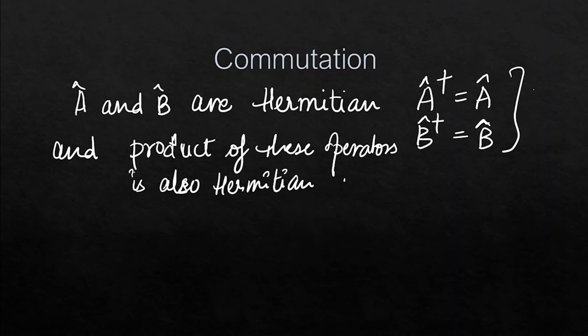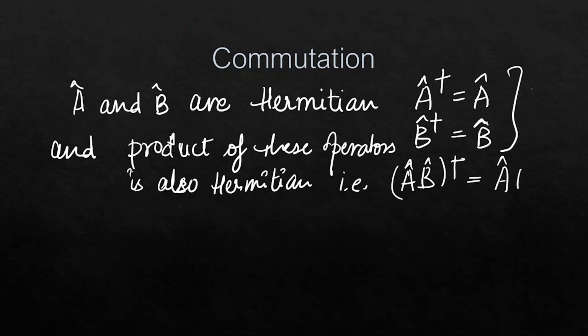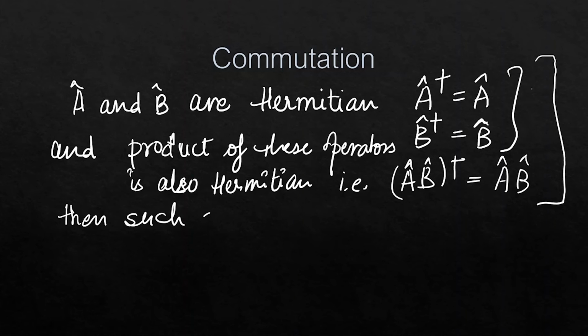That means (AB) adjoint is equal to AB. We use these three relations to show that if A, B and their product are all Hermitian, then such operators commute with each other.